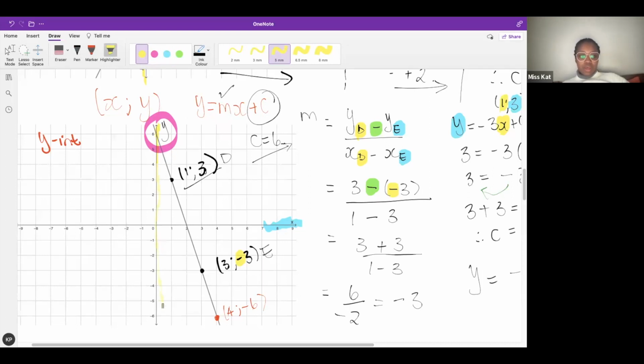That's the y-intercept, okay? Now the graph cuts or intersects with the axis at 6, Zianda. Do you see that? 1, 2, 3, 4, 5, 6 there at the top. That's why we are using 6. There it is over there. I hope I've answered your question, Zianda.